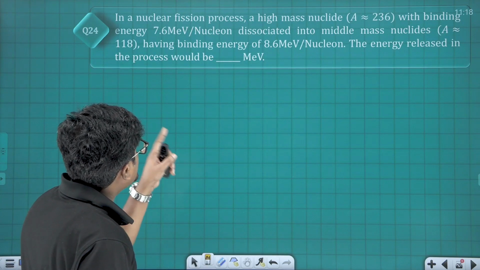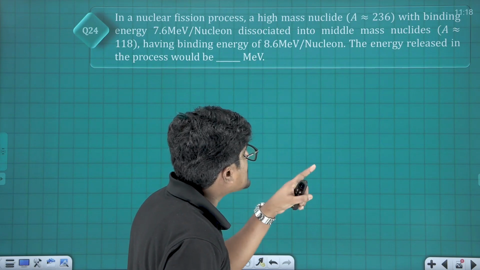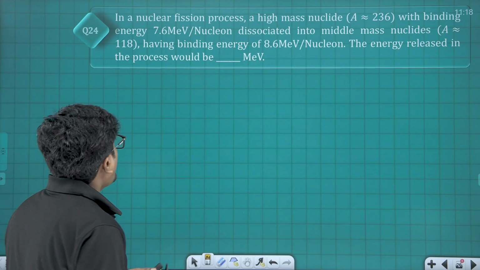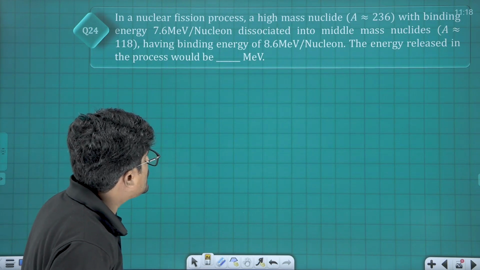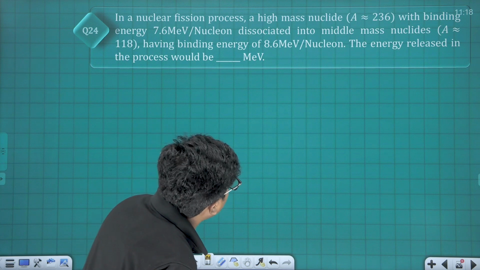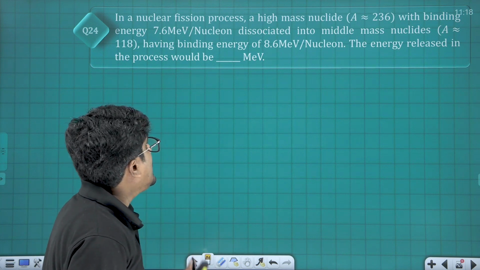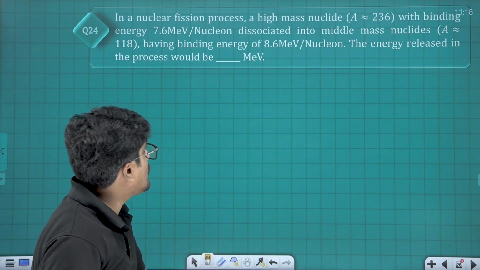Alright, moving to the next. In a nuclear fission process, a high mass nuclide of mass number 236 with binding energy of 7.6 mega electron volt per nucleon dissociates into middle mass nuclides, A equal to 118, having binding energy 8.6 mega electron volt.